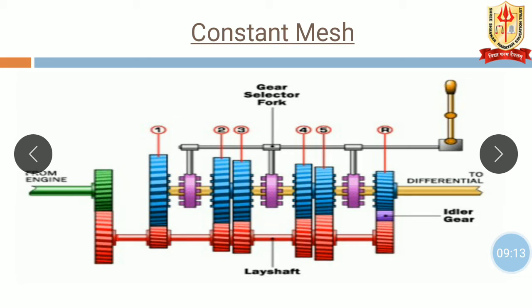When we want to have higher power, then in the reverse direction the number of teeth is going to be decreased. When we go from 1 to 5th, the speed is going to be increased. When we go from 5th to 1, then the power is going to be increased.